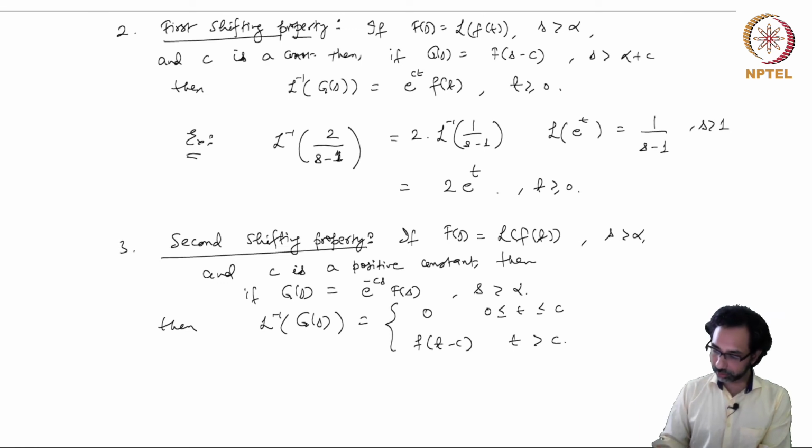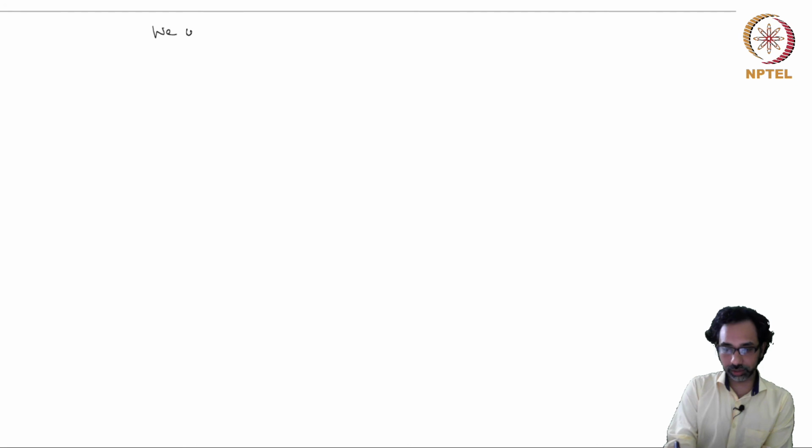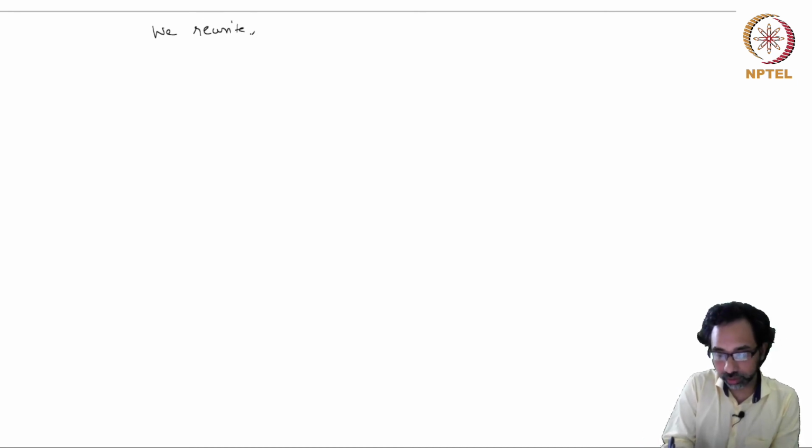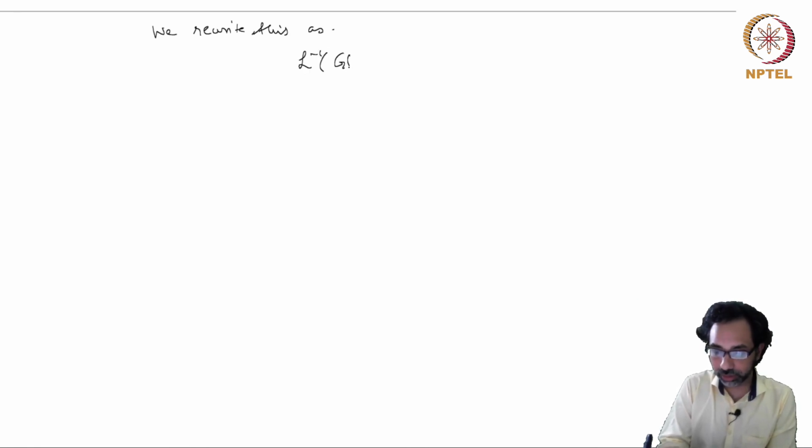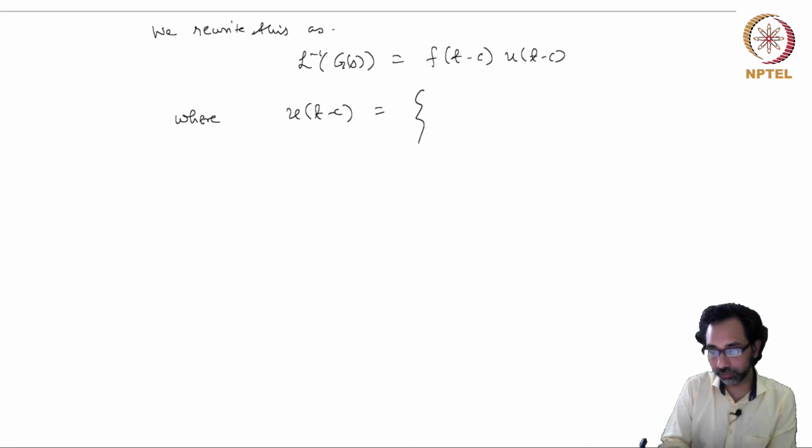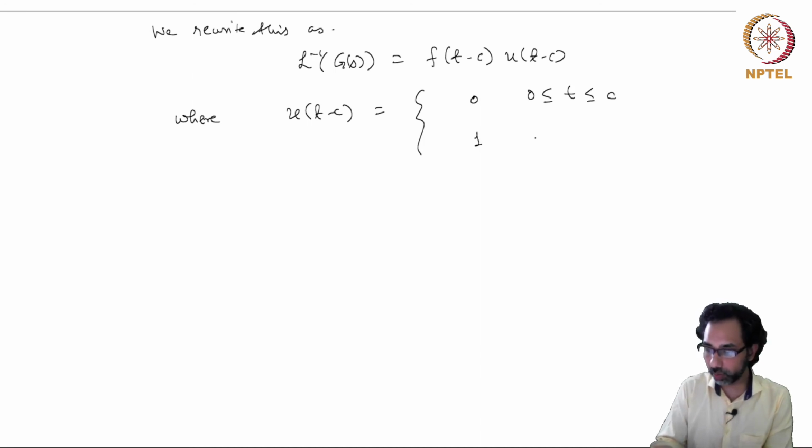Now we can rewrite this as the inverse Laplace transform of G(s) is equal to f(t minus c) u(t minus c), where u(t minus c) is the function which is 0 for 0 less than or equal to t less than or equal to c, and 1 if t is greater than c.